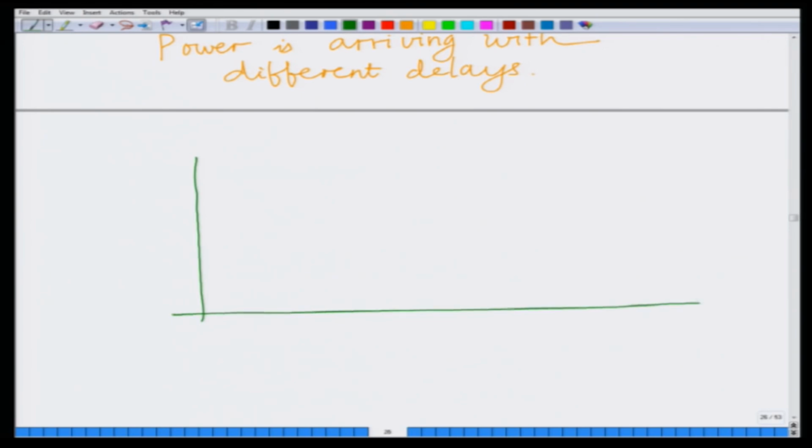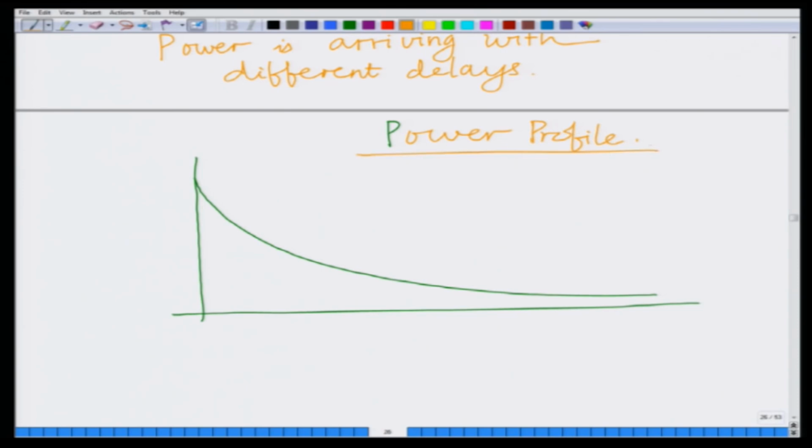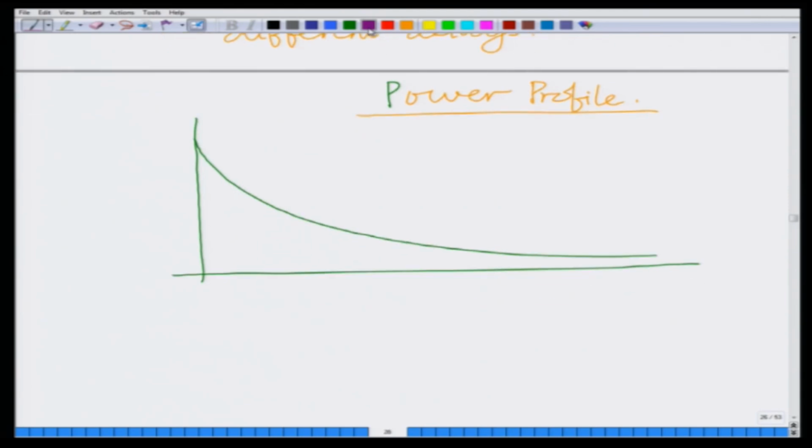a power profile. So, what is my power profile? This is my power profile or my multipath power profile. This is also known as a multipath power profile, which gives the distribution of power versus delay. If this is my tau, this is my f of tau.